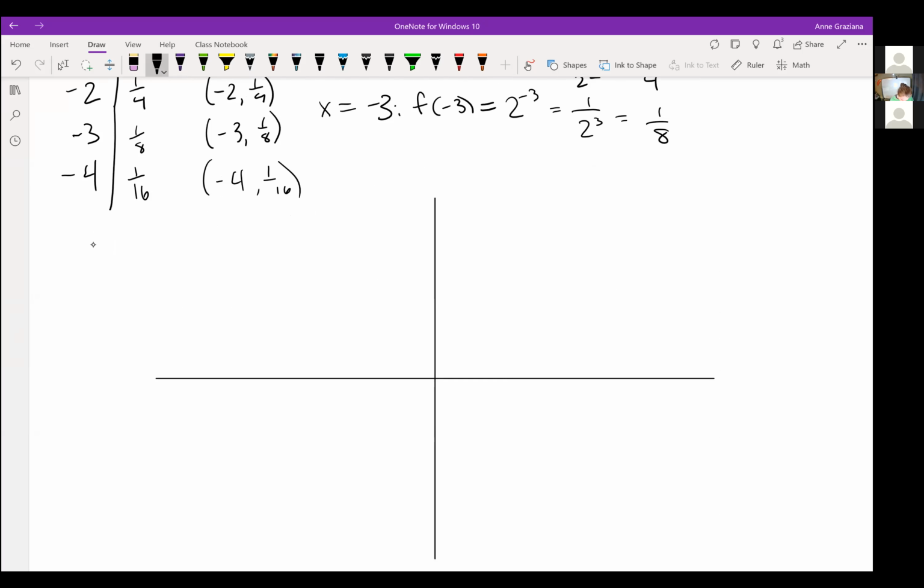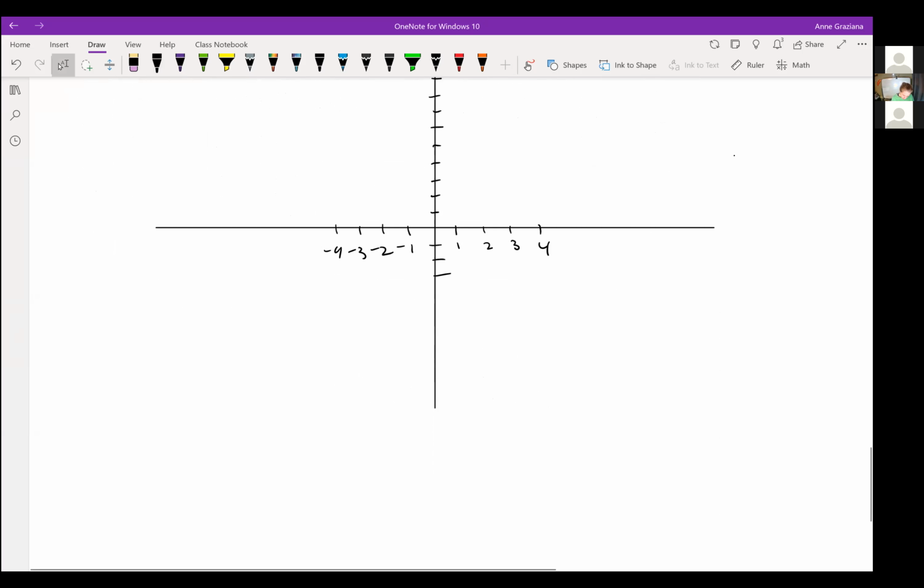I have 1, 2, 3, 4, -1, -2, -3, -4, and then 1 through 10.